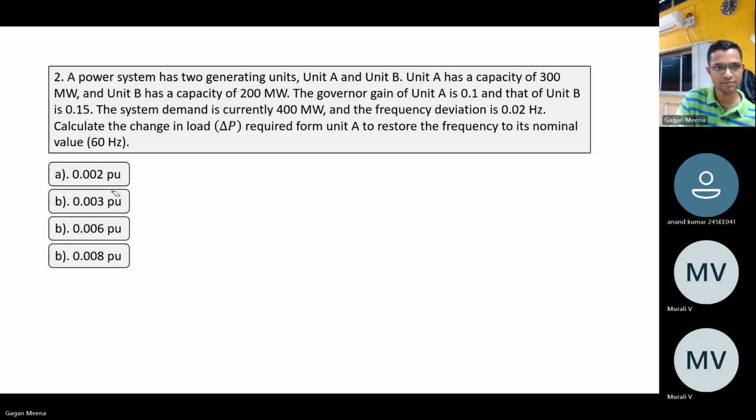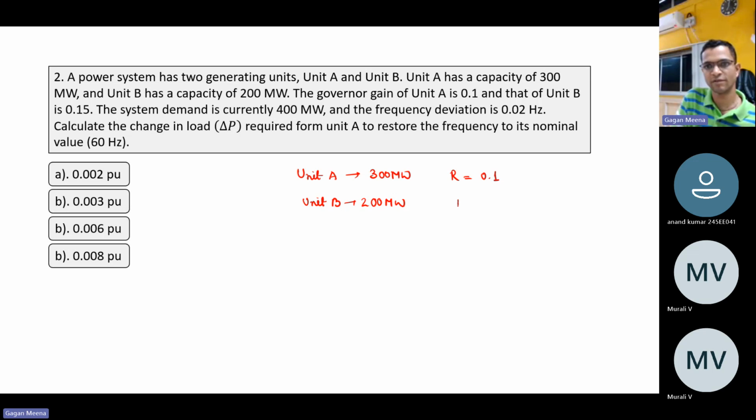Second: a system has two generating units, unit A and B. Unit A has a capacity of 300 and unit B has a capacity of 200. The governor gain for A is 0.1 and for B it is 0.15.